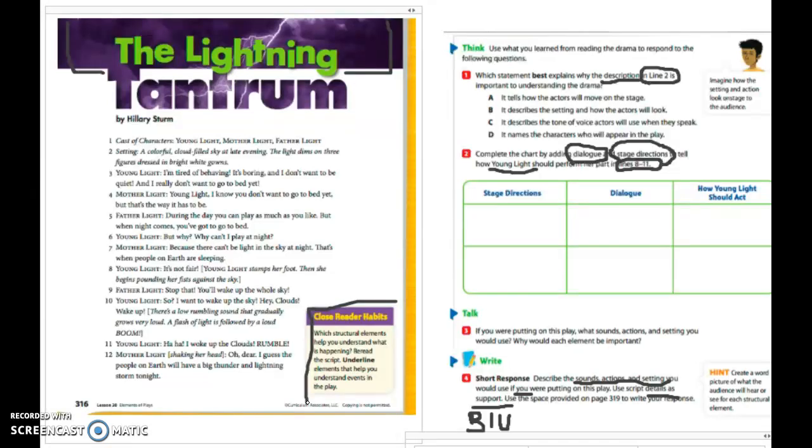Very interesting. That was a great story about Young Light, Mother Light, and Father Light. I'd like you now to take a second and read it quietly to yourself. When you read it the second time, I'd like you to underline elements that help you understand the play. Go.